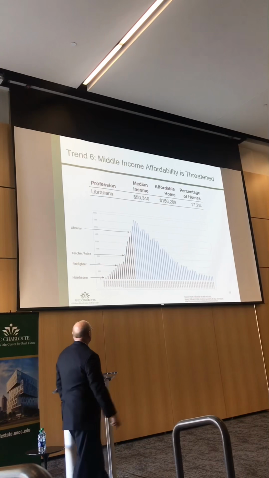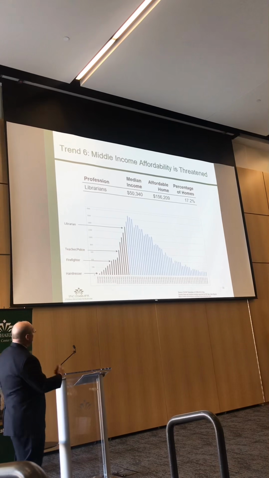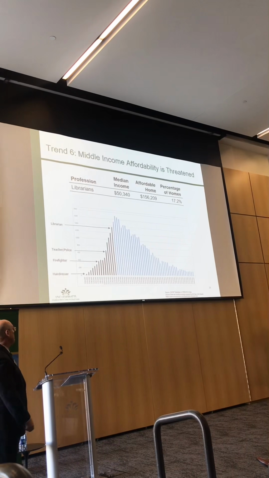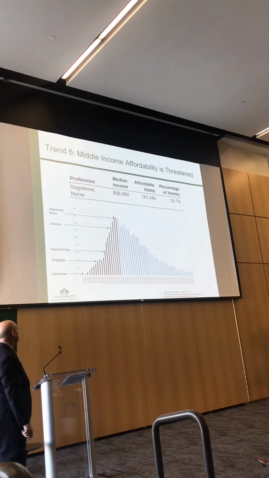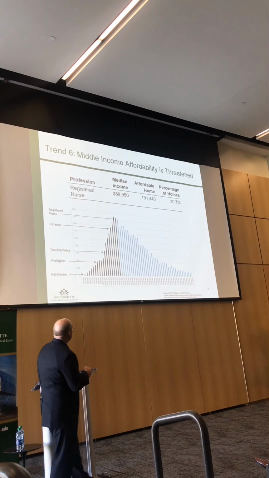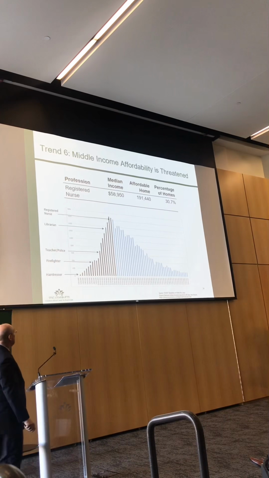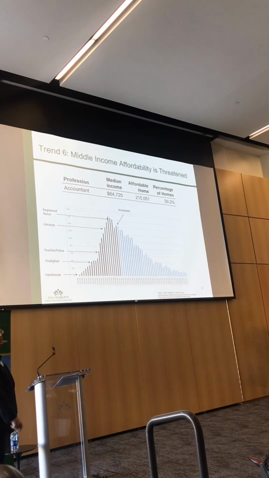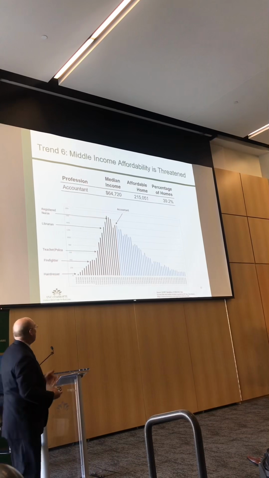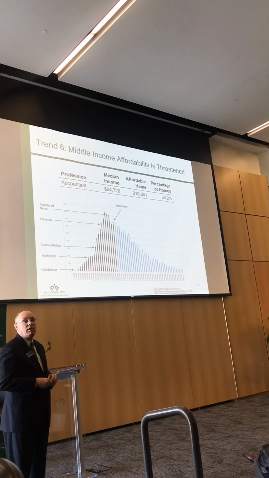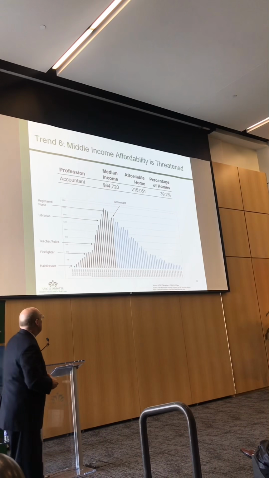Now, if we go up a little bit more, librarians, $50,000, lets them get about 17% of the homes. Registered nurse, $58,000, lets them get to 30%. Go to an accountant, some of my best friends are accountants. They get about 215,000 of homes, about 40% of affordable homes.